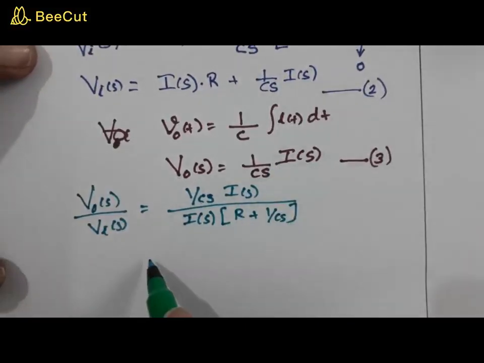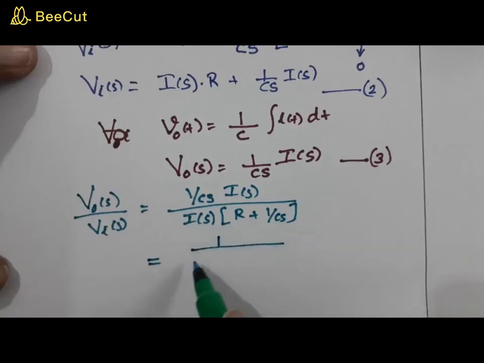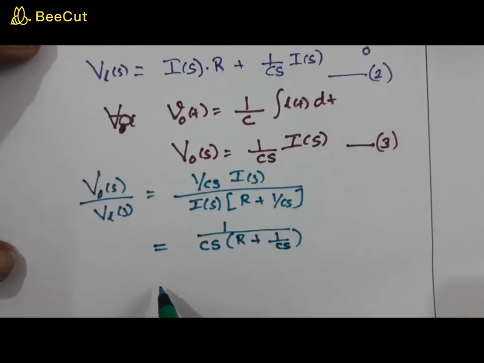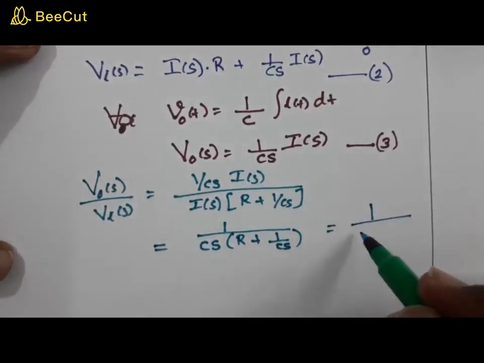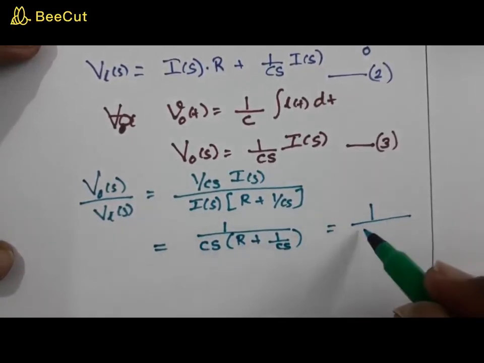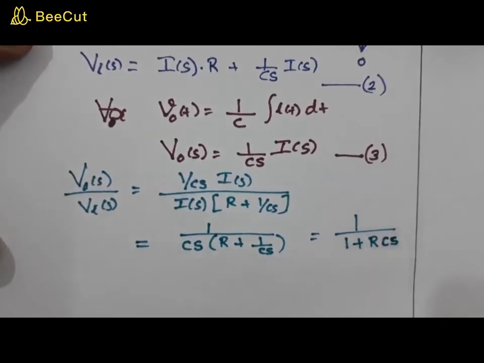I of s and I of s will get cancelled, so you can rewrite this expression as 1 by cs into r plus 1 by cs, right? Or in other sense, this is 1 by 1 plus rcs, cs into r, and the cs gets cancelled, so this becomes 1 by 1 plus rcs, right? 1 plus rcs.